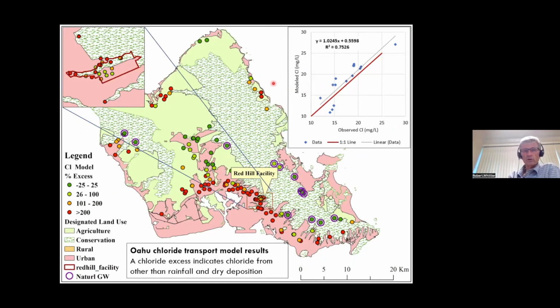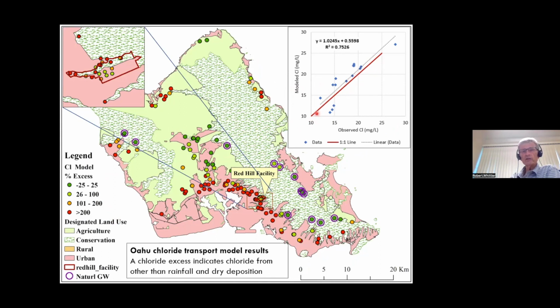So we put this in a groundwater model, and map the results, but map them as excess chloride, which is a percentage of additional chloride measured versus that which the model predicted based on rainfall and dry deposition. We validate that model using those wells that are in the conservation or primary recharge areas.